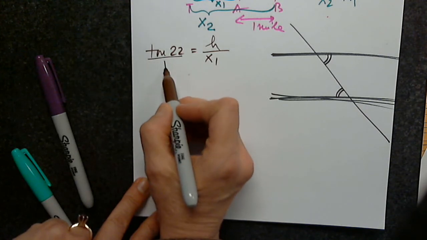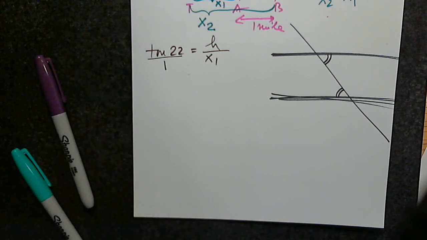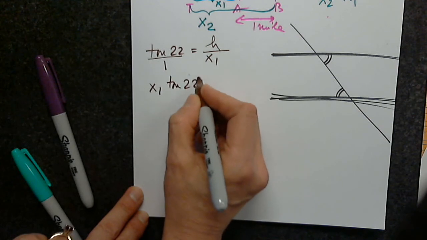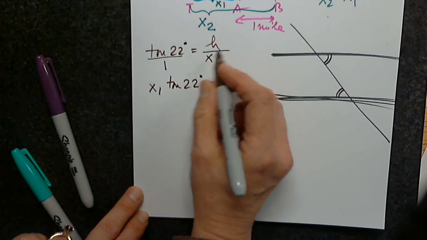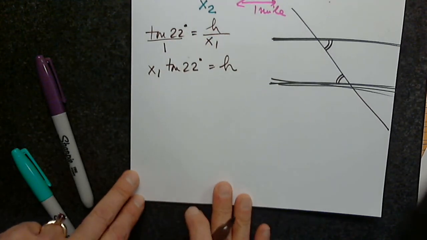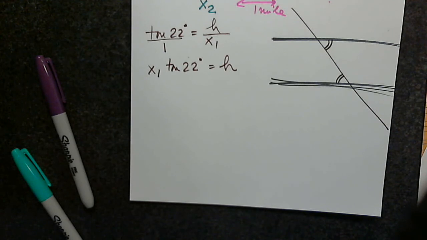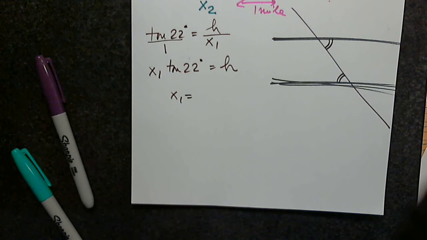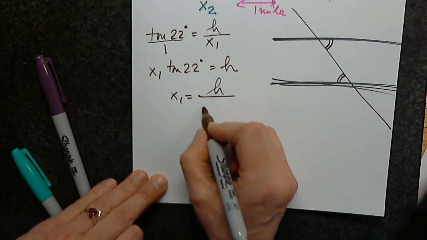Now, be very careful. Now I have to cross multiply and write x1 times tangent 22 degrees equals h times 1. I have to solve for x1. So therefore x1 will be? Very good.